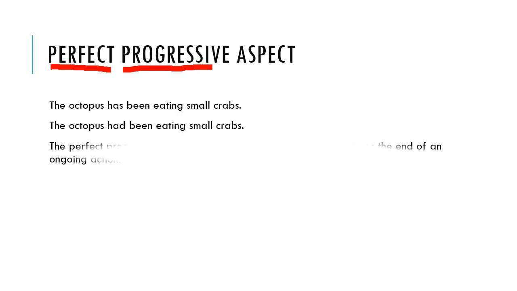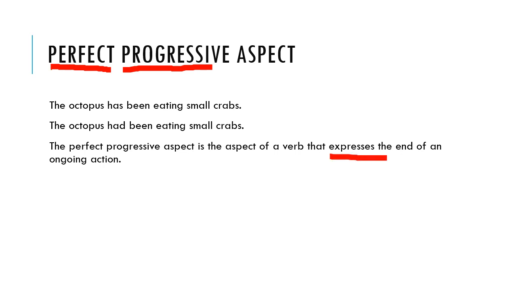One is called perfect progressive aspect. So we have the combination of perfect and progressive. The perfect progressive aspect is the aspect of a verb that expresses the end of an ongoing action.